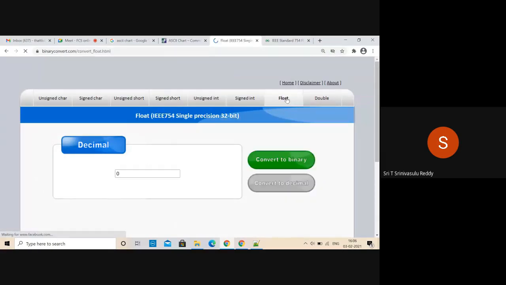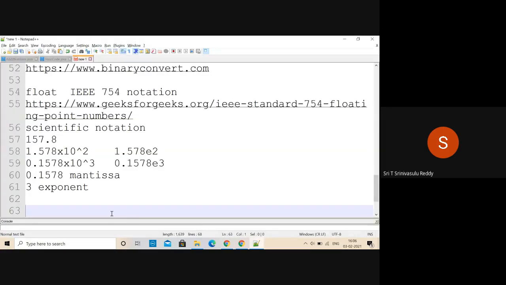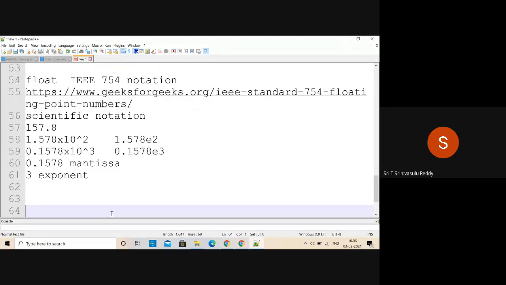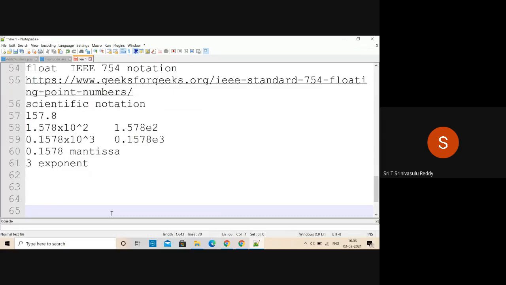Now to know whether we have understood that properly or not, this is going to be useful. For example, a float here. You take any particular number. Let me explain by taking one random example, so that if any doubts are there, they can be cleared.